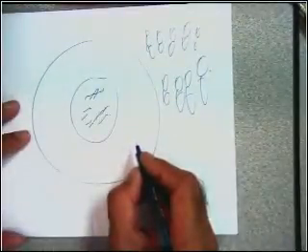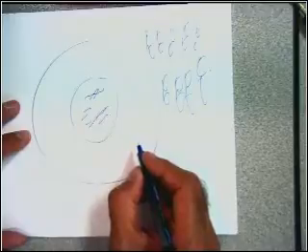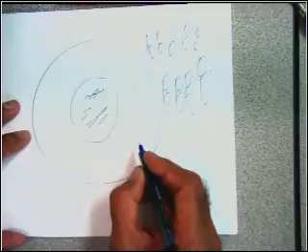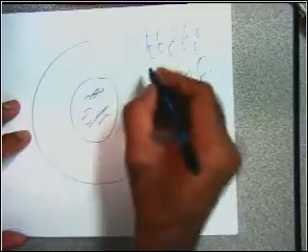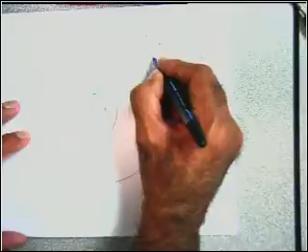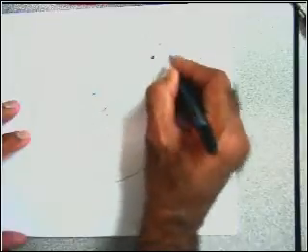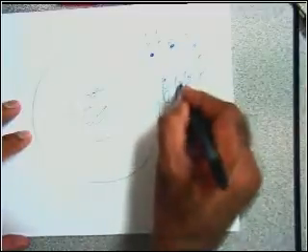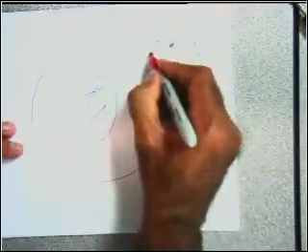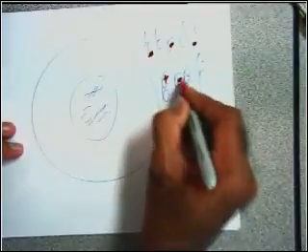The variable regions, the binding region of the antibody, are coded by different genes, and these genes come from clusters on different chromosomes.